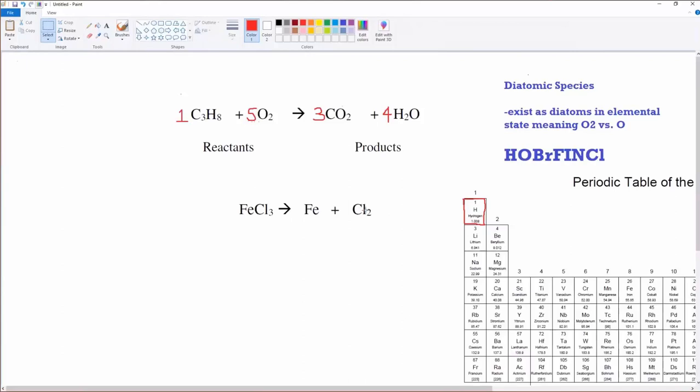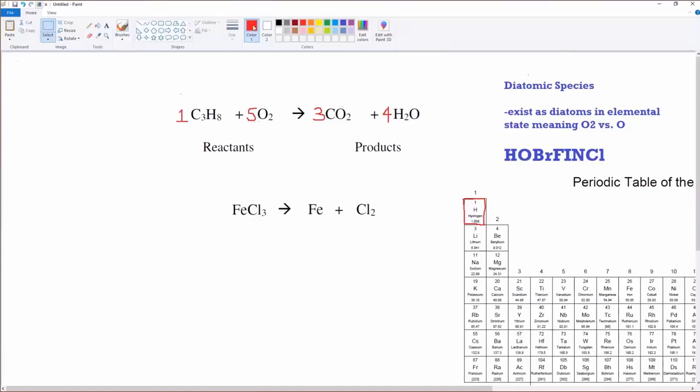And note, I'm making elemental chlorine, but because chlorine is one of these diatomic species, I have to show it as Cl2. In previous semesters, I've had my students memorize all of the classifications, like this is decomposition and this is combustion, but we're not doing that anymore. So if you see that, don't worry about having to memorize those.